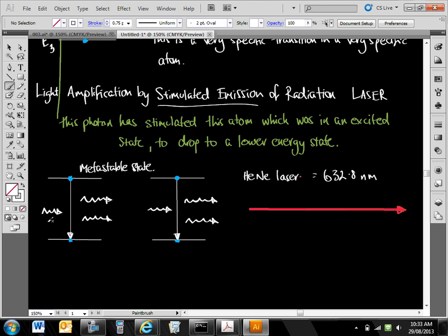And in order for the atom to go from its ground state, because if you've just got a cold cylinder of helium and neon, none of it is in a metastable state. It has to be put into that metastable state in the first place. We pass an electrical potential difference across that tube. We cause one of these atoms to get excited.